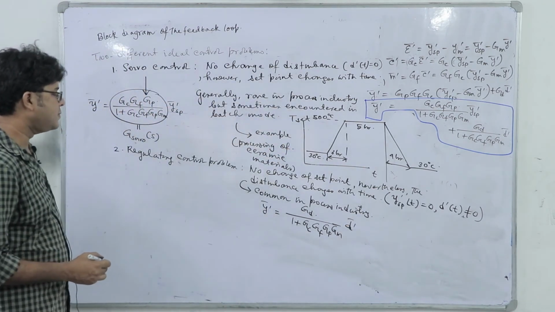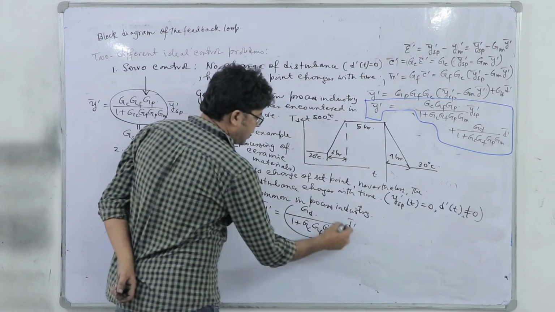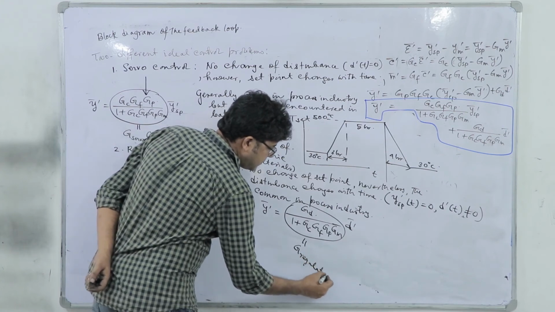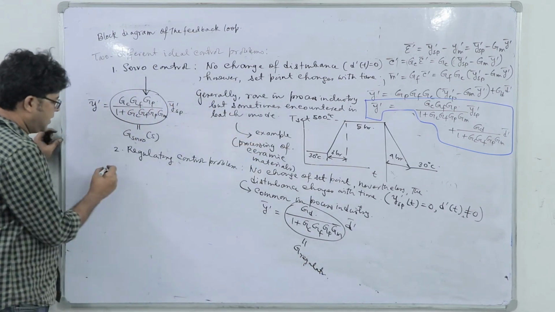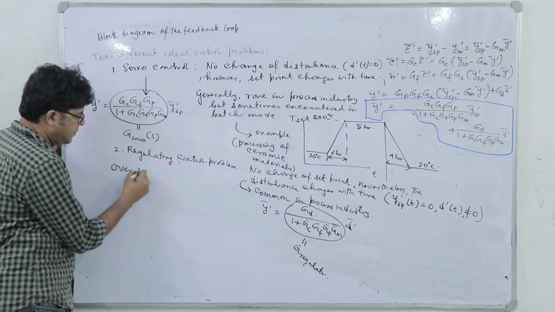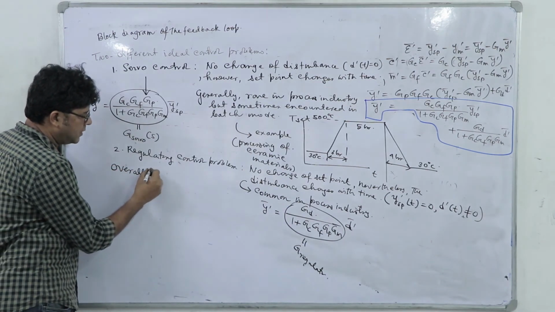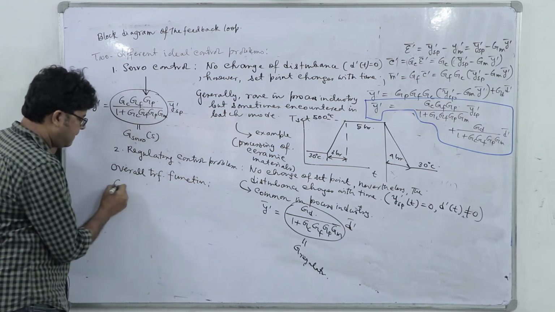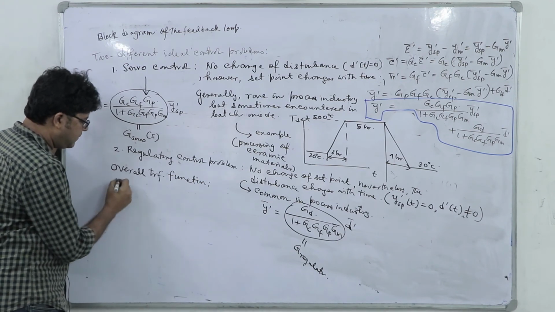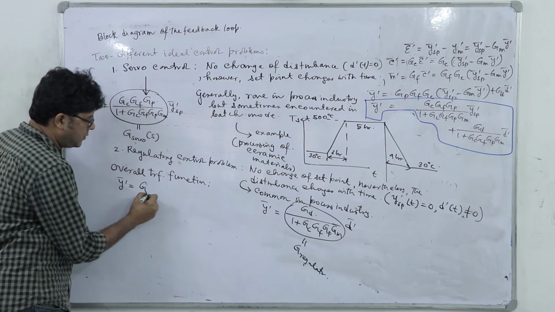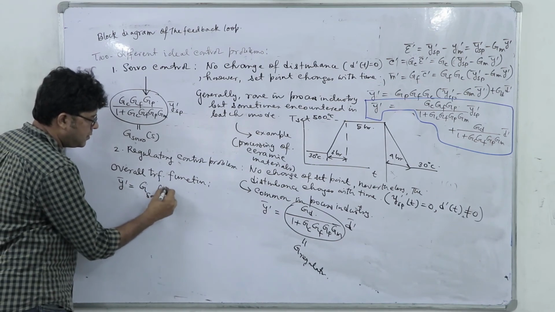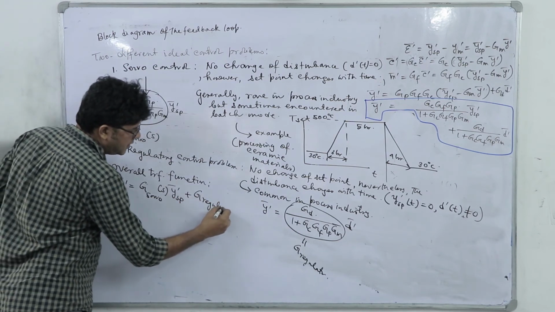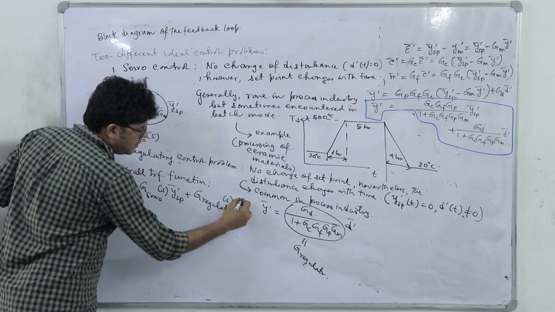Right. And that block of transfer function is called G regulatory. So we can write the overall transfer function: y prime is equal to G servo into Ysp prime bar plus G regulatory into d prime bar.